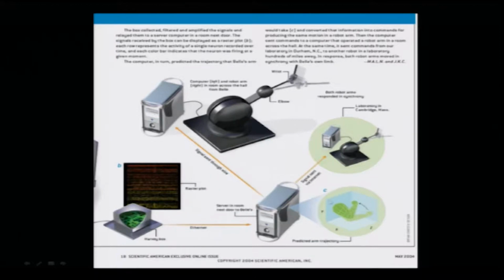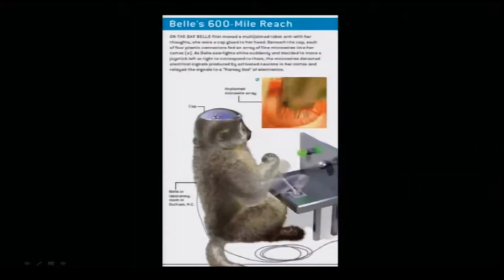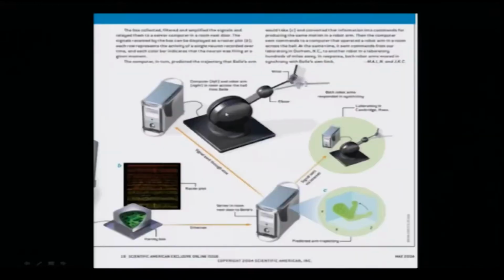The computer is translating the signal in terms of the three-dimensional movement of what Bailey has done, and this is Bailey's raster plot, which is generated from these wonderful electrodes. This raster plot is sent to this hardware box, then to the computer, where it deconvolutes the whole signal and sends a copy to Massachusetts via Ethernet, whereas the other one was sent to the other room through wire.